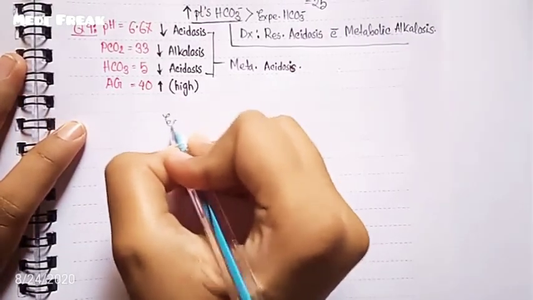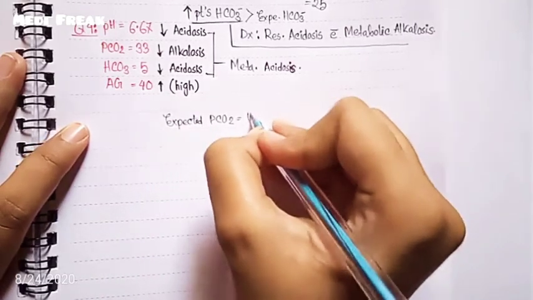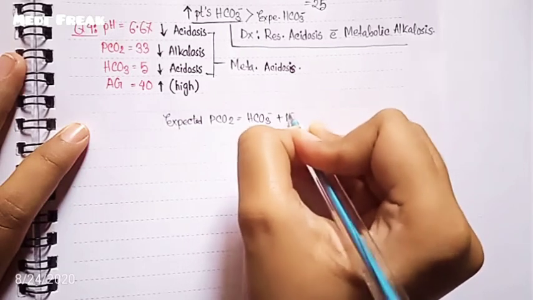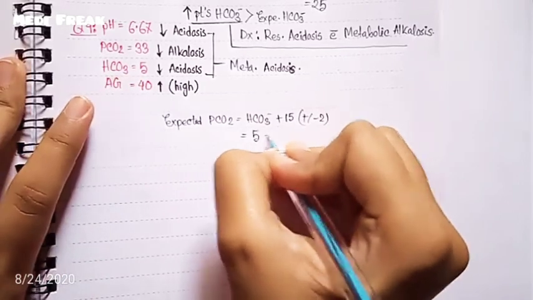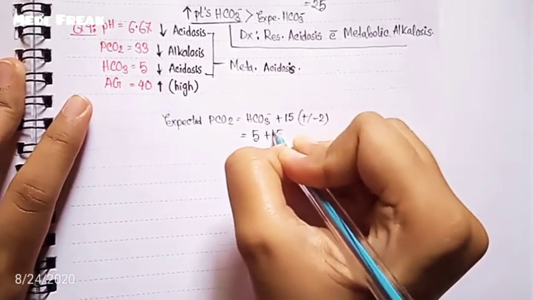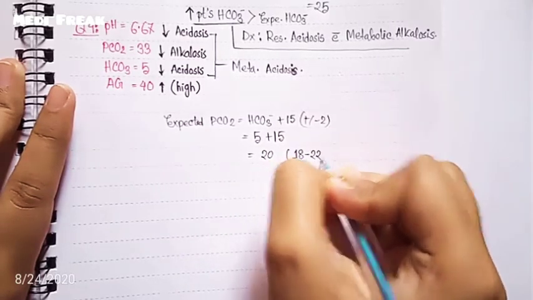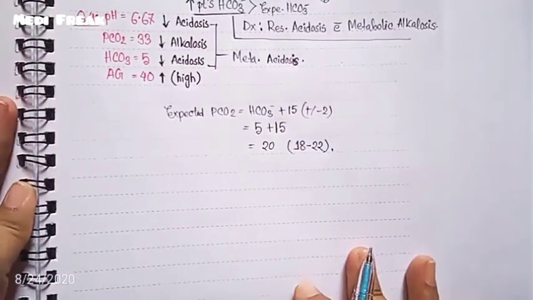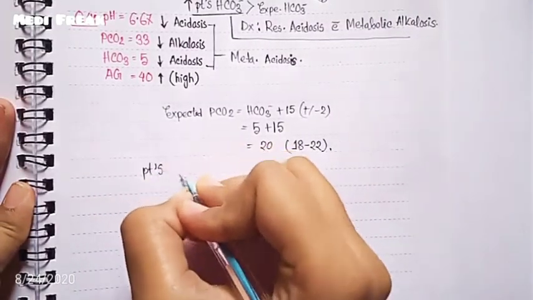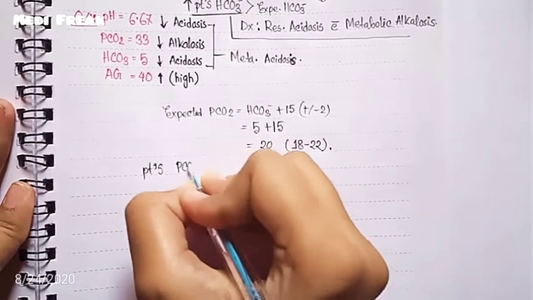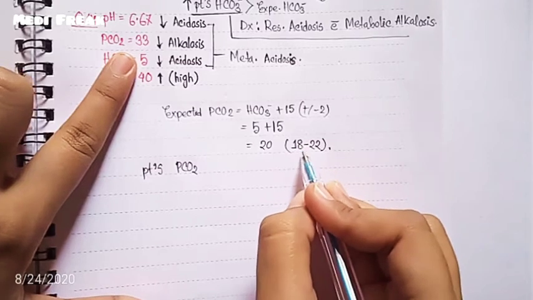So expected PCO2 is equal to patient bicarbonate level plus 15 plus minus 2. Okay, bicarbonate level 5, 5 plus 15. Okay, it is 20 and the range is 18 to 22. Here the patient's partial carbon dioxide, which is 33, our expected is within this range 18 to 22.